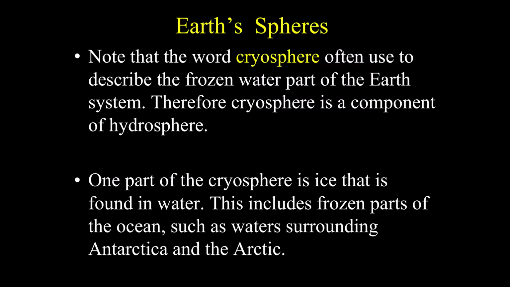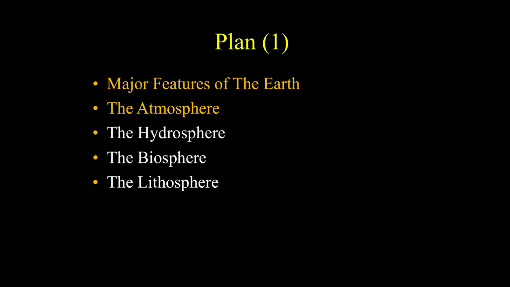Note that the word cryosphere is often used to describe the frozen water in the Earth's system and includes frozen parts of the oceans, such as the waters surrounding the Antarctica and the Arctic, which is here considered part of the hydrosphere. Let us now describe in a little more detail the atmosphere, hydrosphere, biosphere, and lithosphere.